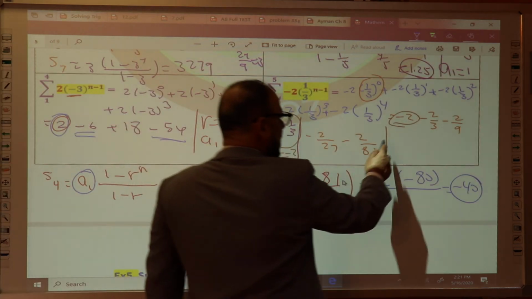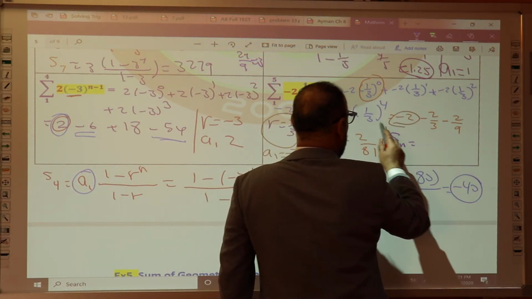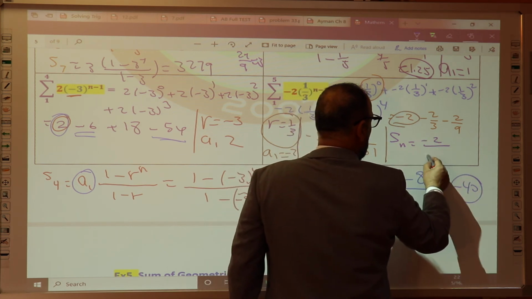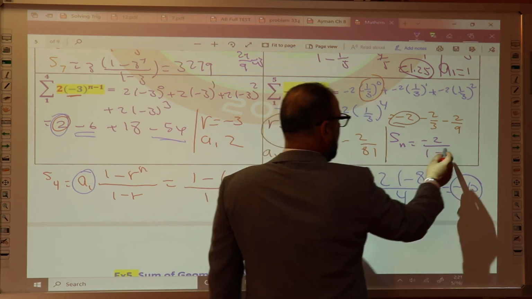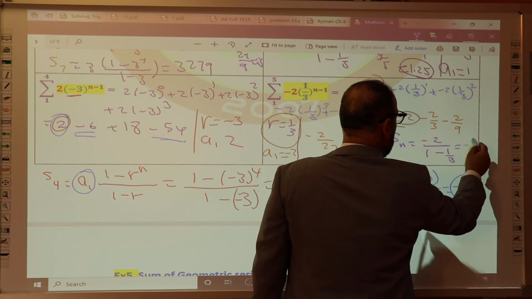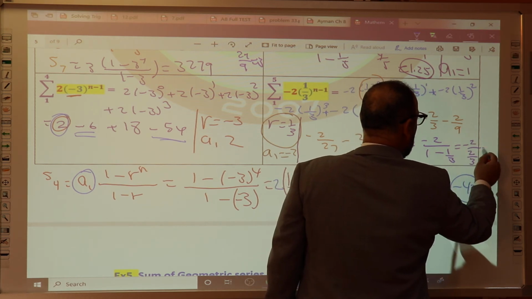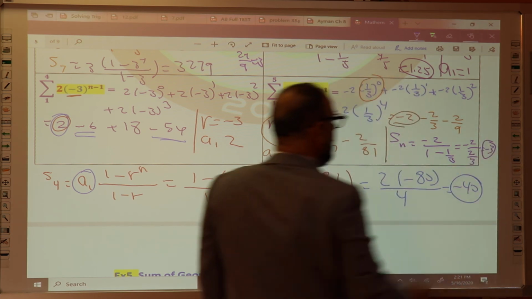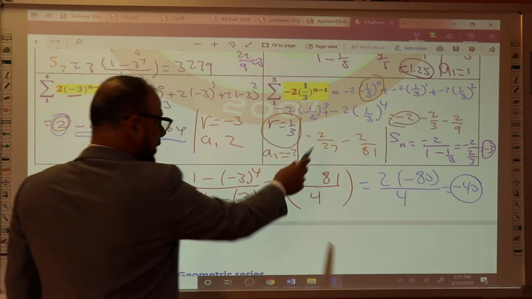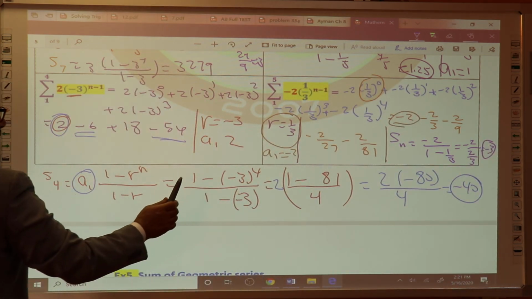Sum for any Sn. A1 is negative 2, 1 minus 1/3. Negative 2 over what? 2/3, which is negative 3. I want to write it one more time down, this guy.